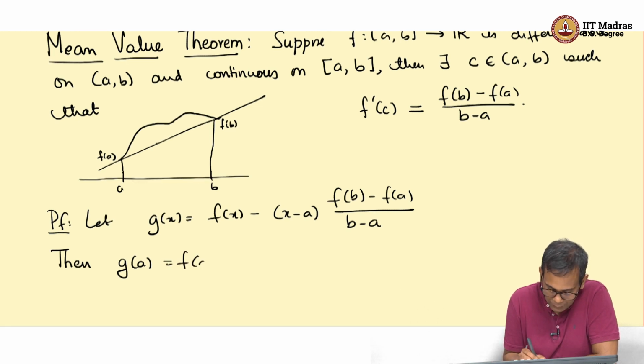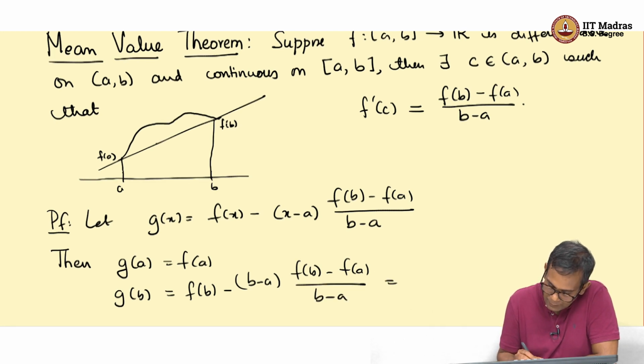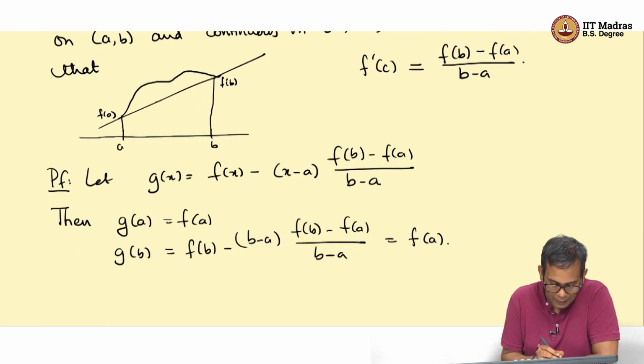So, that is just f of a, and g of b, well, that is f of b minus (b minus a) times (f of b minus f of a) divided by b minus a, which is f of b minus f of b plus f of a, which is also equal to f of a. So, this function g satisfies the hypothesis of Rolle's theorem.